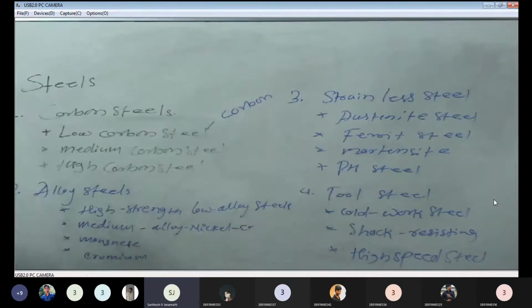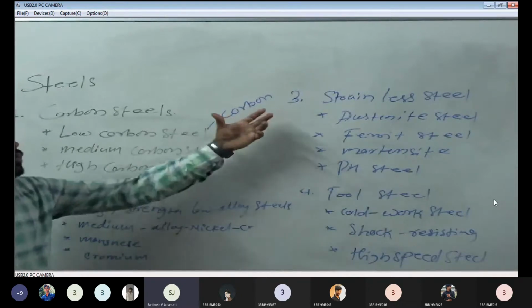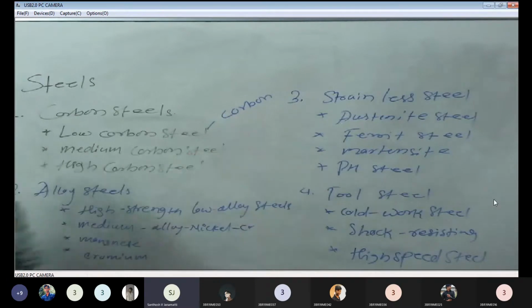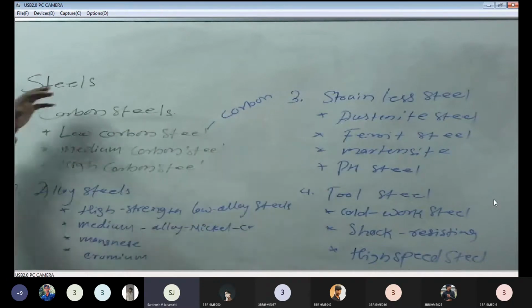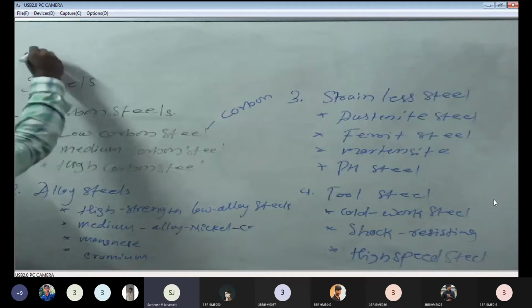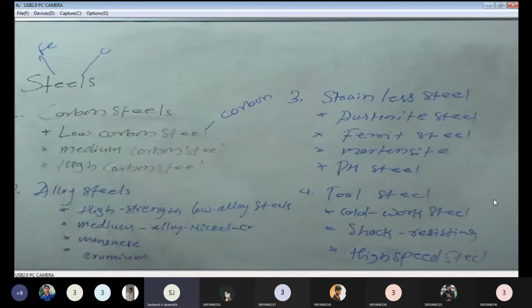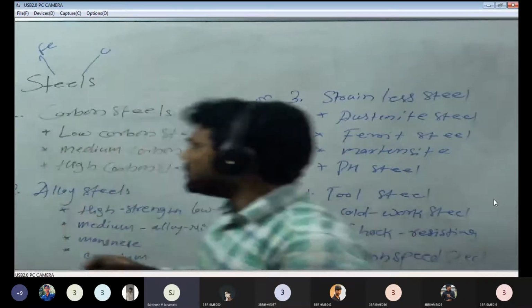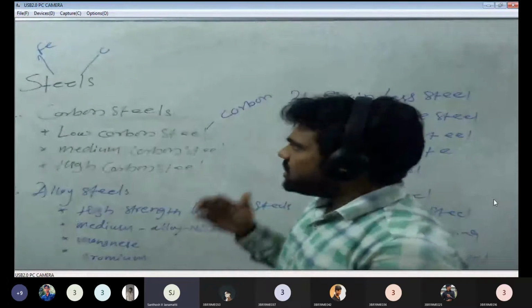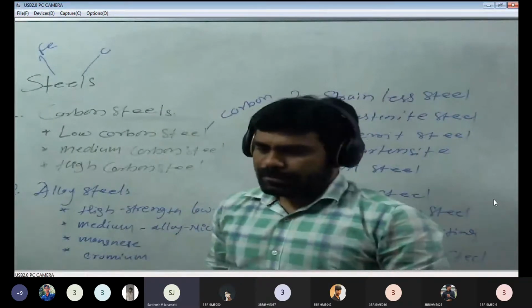How the carbon content is varied in the steel, that means in the iron, because steel is a mixture of iron and carbon. How are we allowed to vary this carbon content in the iron composition? Based on that, we can expect the mechanical properties.